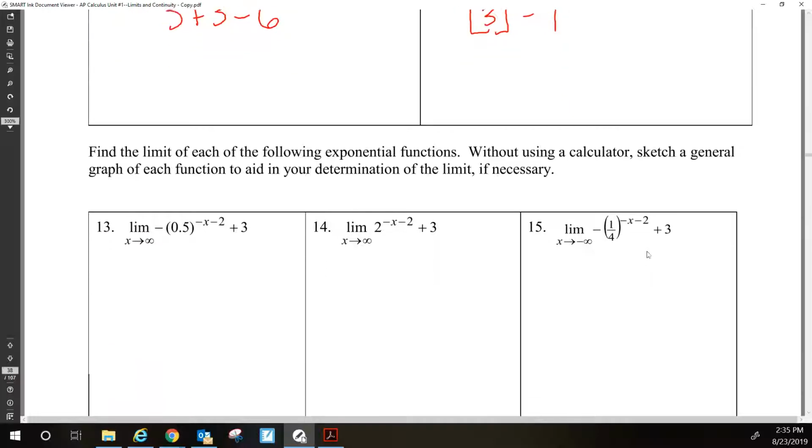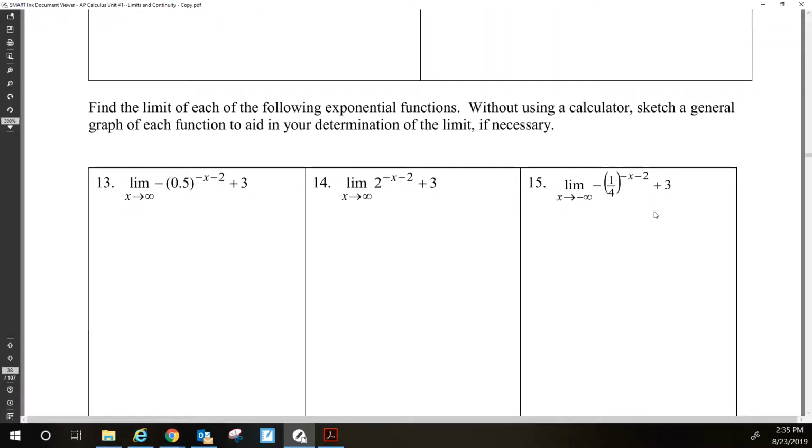All right, find the limit of each of the following exponential functions. So this is really what we were doing last night. You don't have to do a really fantastic sketch, but it always helps to make a sketch to kind of figure out what's going on. I know here's my asymptote up at 3. It should be a decaying exponential like this, but my horizontal reflection is going to turn it into a growth, right?